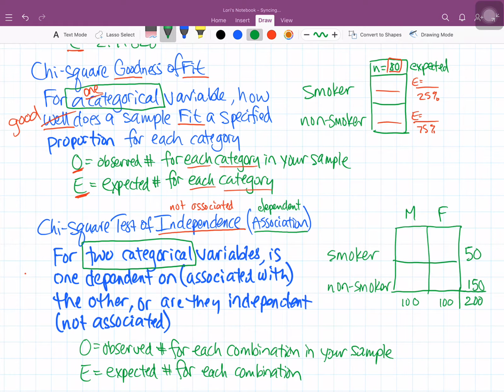And so they're just two different ways of thinking about the particular hypothesis that we're testing. Remember, the null hypothesis usually means there's no association, they're not related to each other, there's nothing interesting going on around here, one is not dependent on the other.